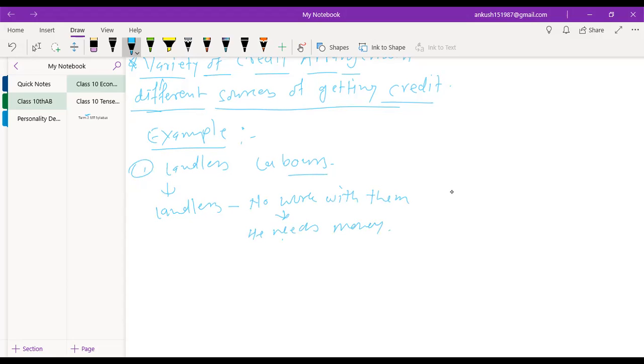And whenever he works for some landlord or moneylender, he gets money from the work provider, in other words the employer.